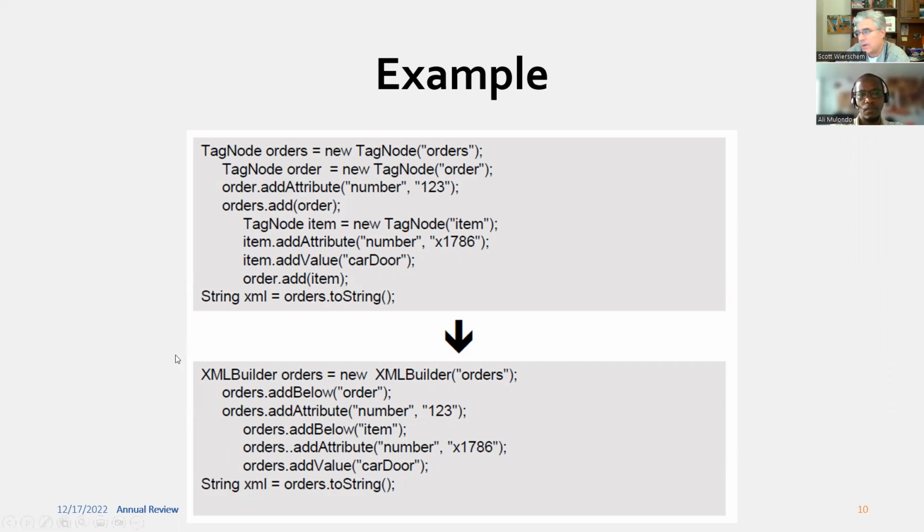It makes it a little more readable, so that rather than have this tag node creation here, this tag node creation here, you can just create a function that is more readable and understandable for how you're going to assemble it, and it makes it ostensibly easier to follow.